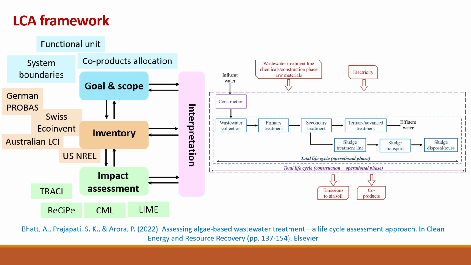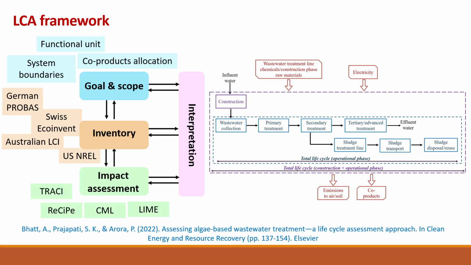Now, in primary treatment, there is some X compound which is going into this treatment and there is some release of Y compound. For that X and Y, we have to create an inventory. We have to take them into account. This is the example of inventory analysis. We have to create an inventory for each step.